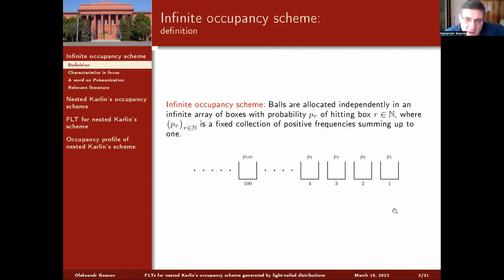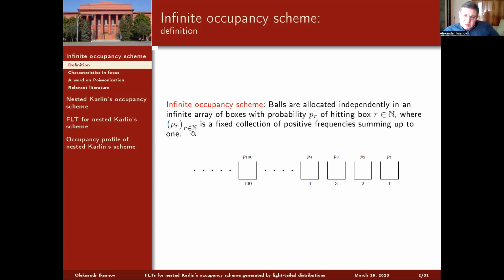In a classical infinite occupancy scheme, also known as Karlin's occupancy scheme, balls are allocated independently over an infinite array of boxes, 1, 2, 3, and so on, with probability p1 of hitting box 1, p2 of hitting box 2, and so on.